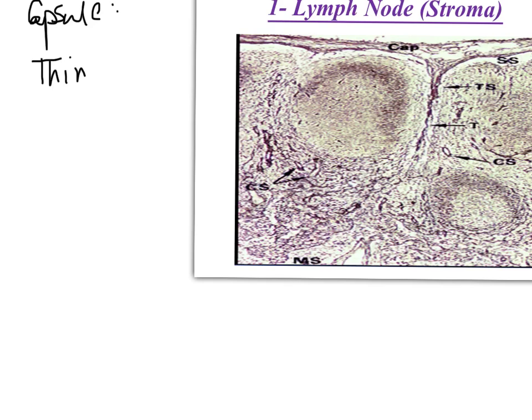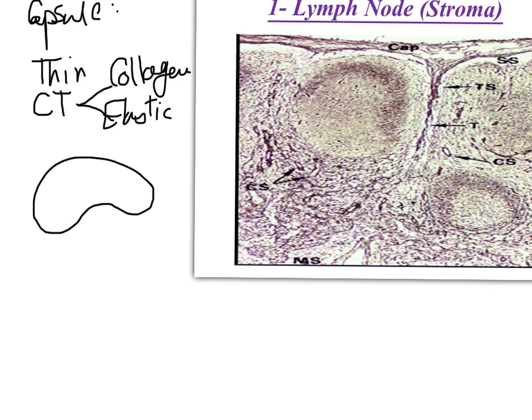And it is formed of irregular white fibrous connective tissue containing two types of fibers, collagen fibers and elastic fibers. This capsule also is penetrated at the convex border, here.